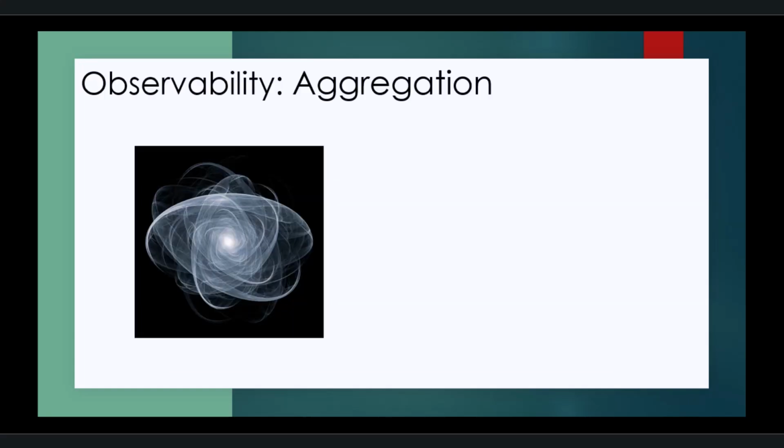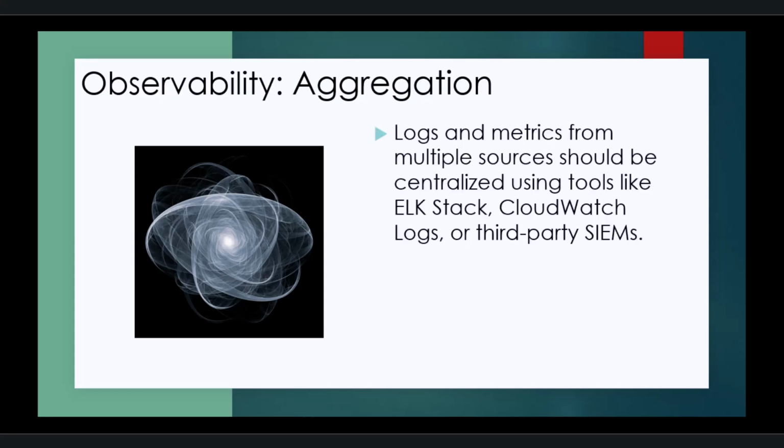The next aspect of observability is aggregation. Logs and metrics from multiple sources should be centralized using tools like ELK Stack, CloudWatch Logs at Amazon Web Services, or a third-party security information and event management system, such as Splunk, powered by Cisco, or a cloud-based solution, the aforementioned Azure Sentinel.